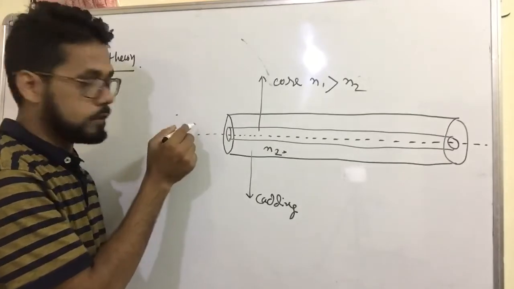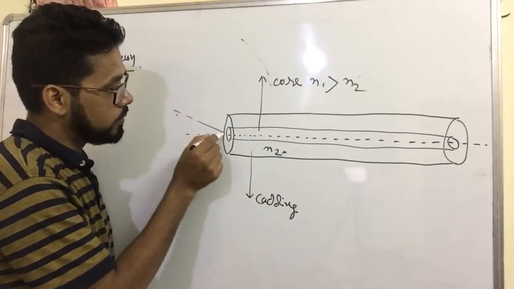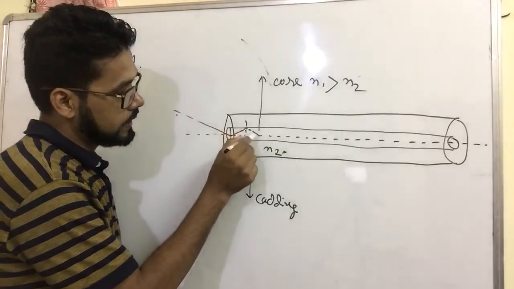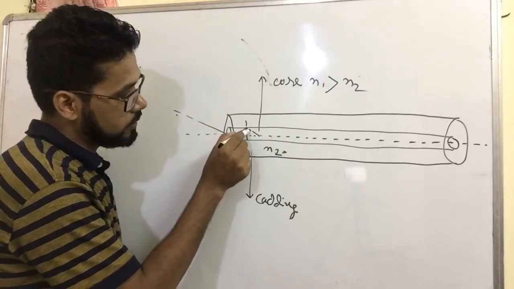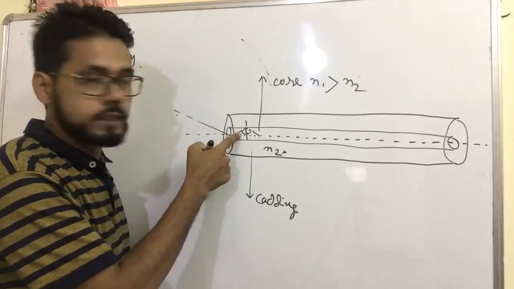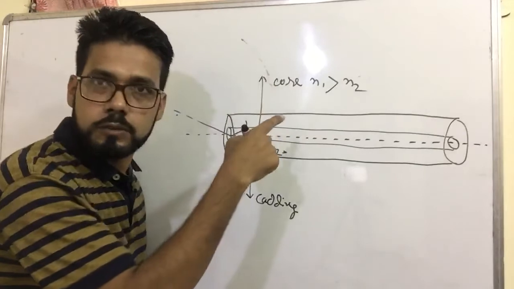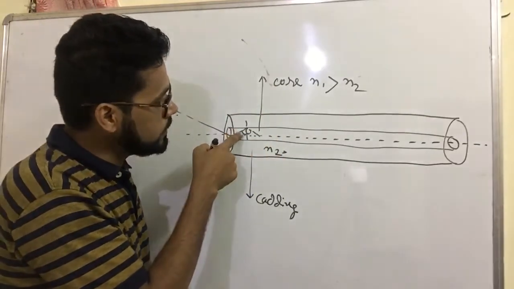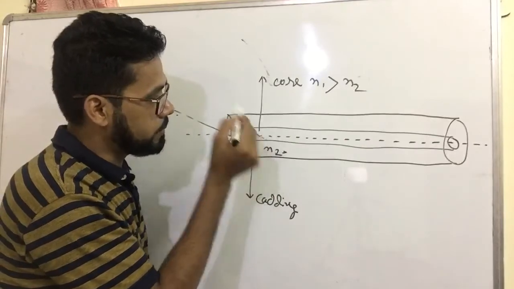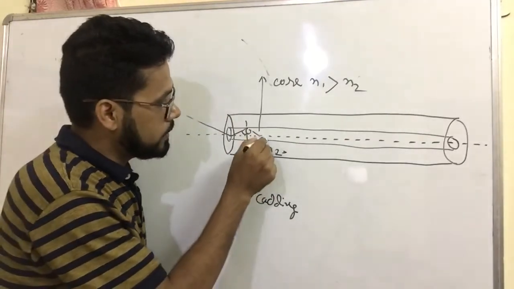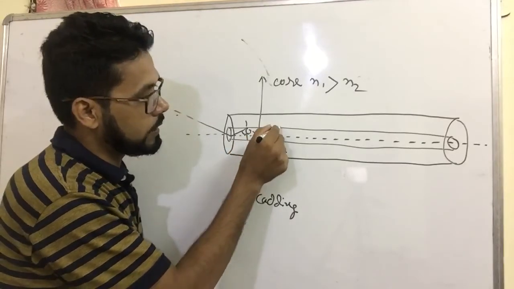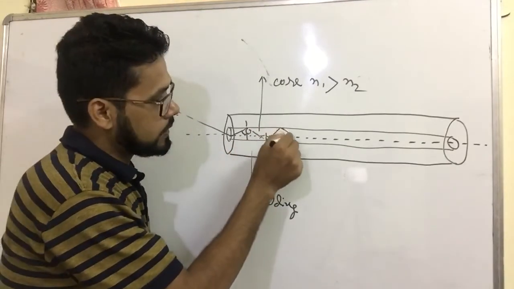Now what do you see? Suppose I send an electromagnetic wave, it will fall at this point. This is a denser medium, inside with a high refractive index N1, and N1 is greater than N2. So it will not pass through; total internal reflection takes place. Again it will come back, and again move here, and total internal reflection takes place.